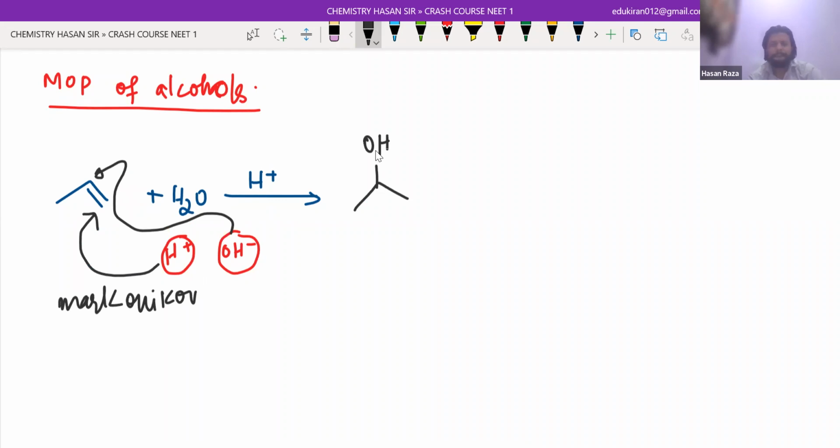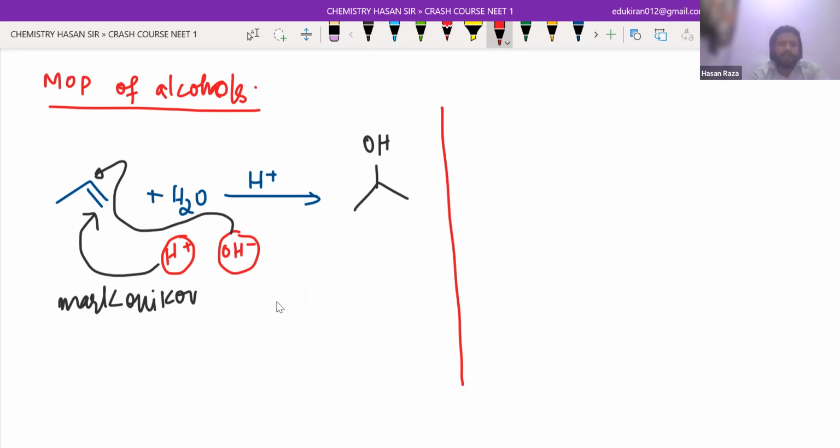Now see, first of all, you need to take care, as I told you in the previous class, whenever a carbocation forms as the intermediate, if rearrangement is possible, then you are going to do the rearrangement.